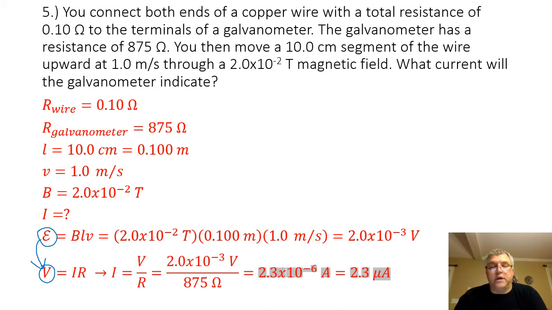That's my induced EMF. And because I am looking at the current going through the galvanometer, I need to use the resistance of the galvanometer in Ohm's law. So I have to use 875 ohms. When I do out that math, I am going to get an answer of 2.3 times 10 to the minus 6 amps, or I can also write that as 2.3 microamps.